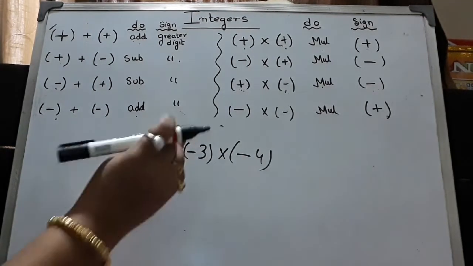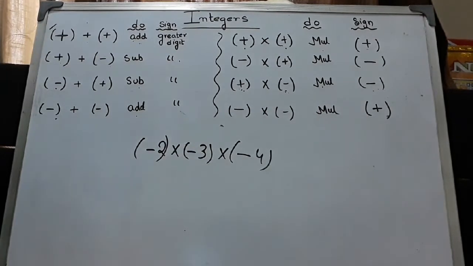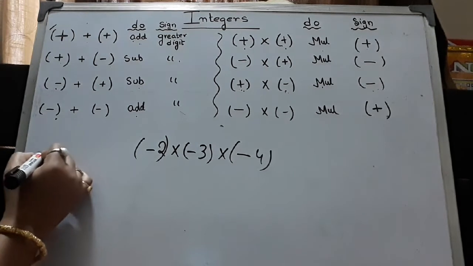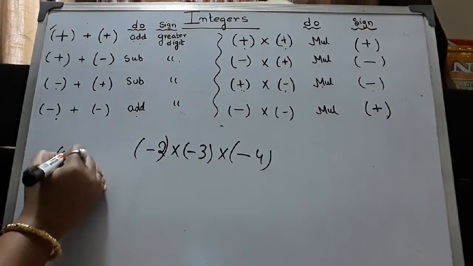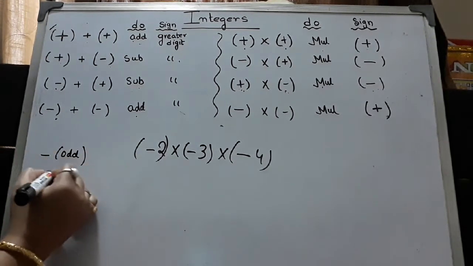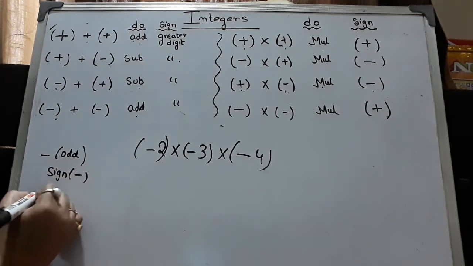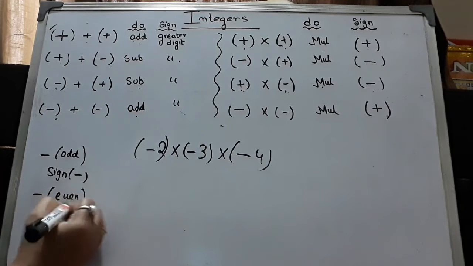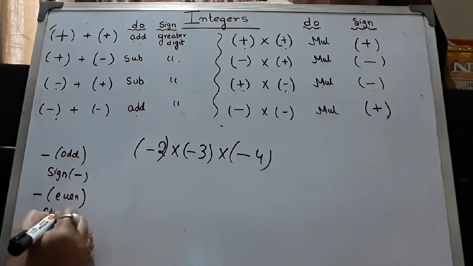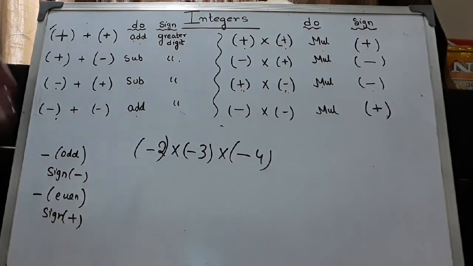Don't think minus minus plus plus minus minus, no need of doing all those things, okay. Just remember one thing, this is also one trick. When there is odd time minus sign, the sign will be always minus, and when minus sign is even time in the question, the sign will be always plus. Just remember this much, this is very important.